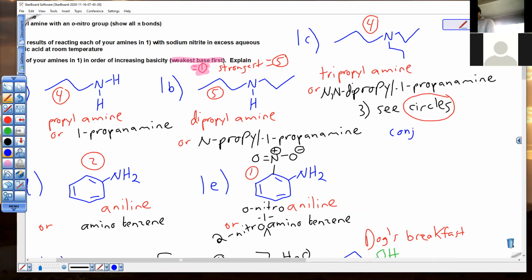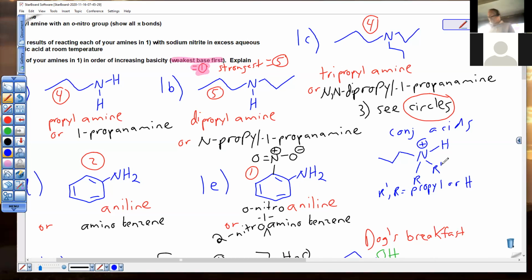Conjugate acids are all N with at least 1 H and a plus charge and at least 1 propyl group. R equals propyl or H. R prime equals propyl or H. There we go.